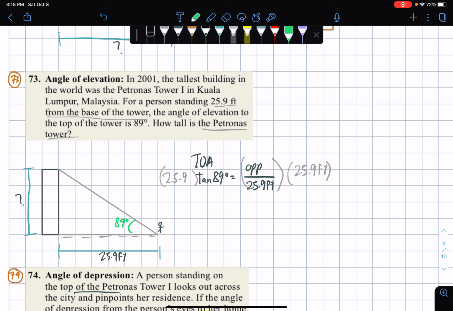Get something like this. So opposite side, or in other words, the height of the Petronas Tower is 25.9 tangent 89 degrees. So the answer is 1,483.81 feet.